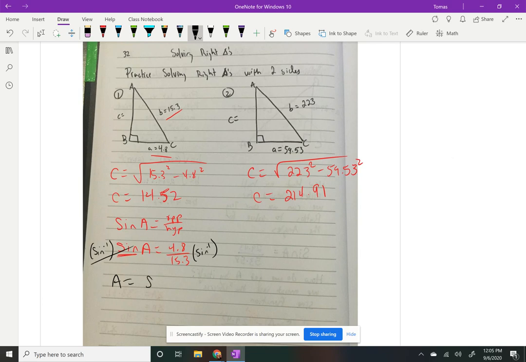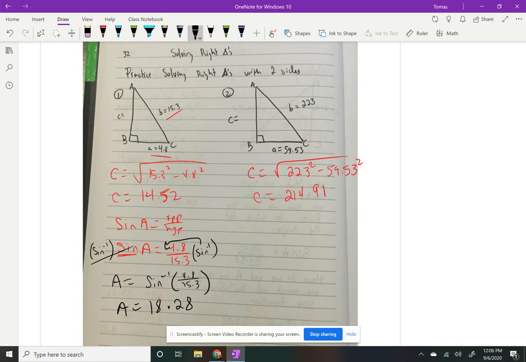And we're left with, I'm going to bring the sine inverse to the front over 15.3. Okay, because I just didn't leave room right here, guys. But it should be right here. All right, so sine inverse 4.8 divided by 15.3. And I get angle 18.28.